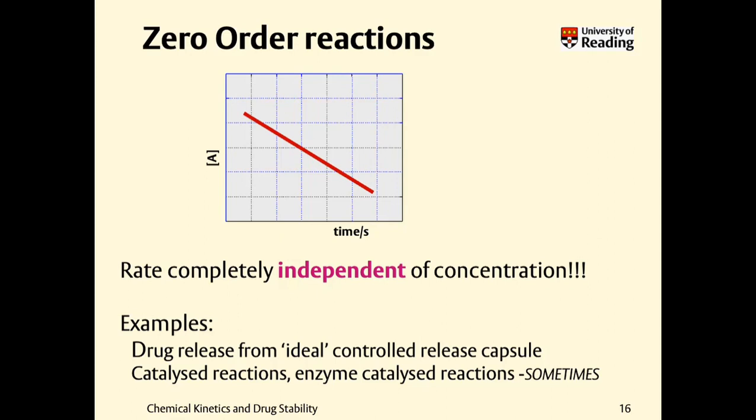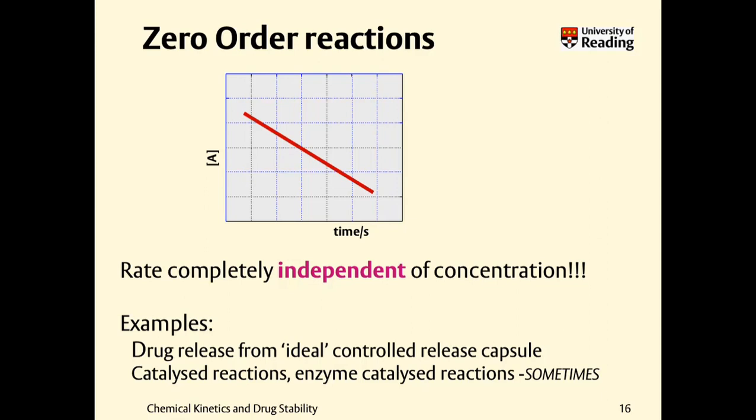This is where the rate does not depend on the concentration of the reactants. So in this case, a graph of concentration of the reactant against time will be a straight line. The rate, which is the gradient, doesn't change with concentration, and so is independent of concentration.